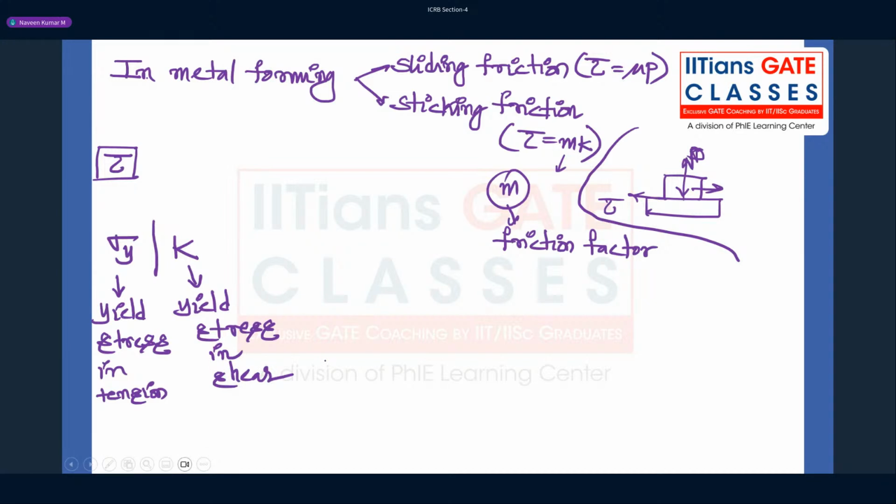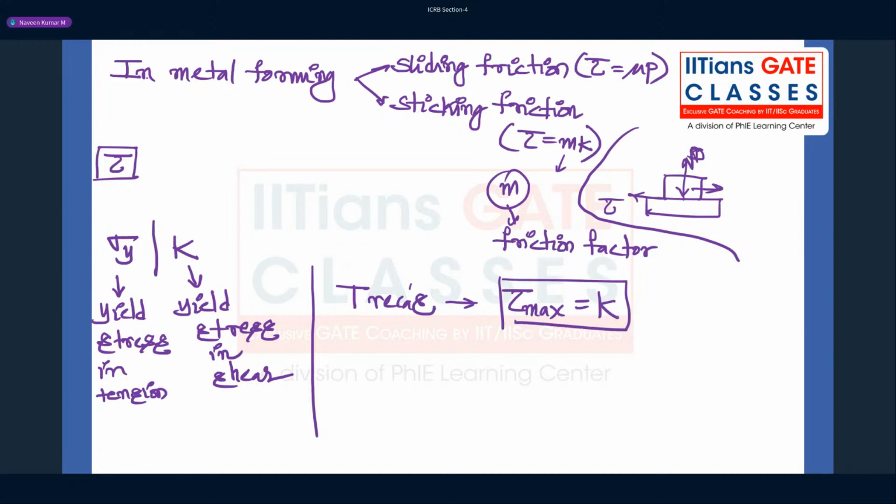According to Tresca's criterion, in three dimensions, tau max is equal to the maximum stress minus the minimum stress divided by 2. According to Tresca, we write tau max, the maximum shear stress, will be equal to the shear stress at yield.